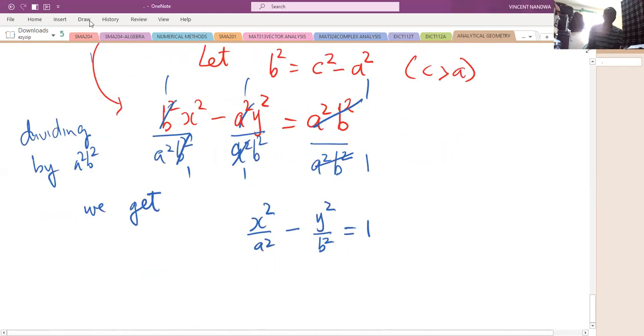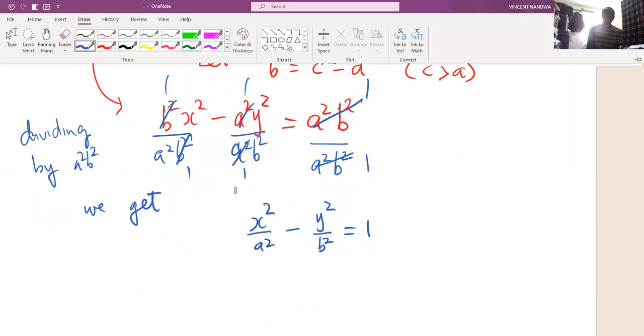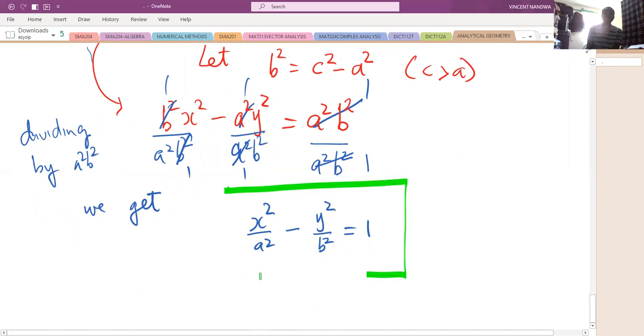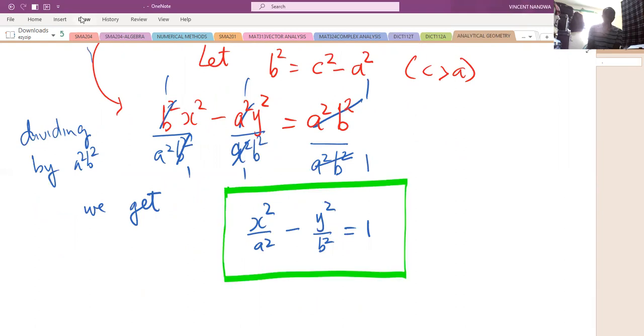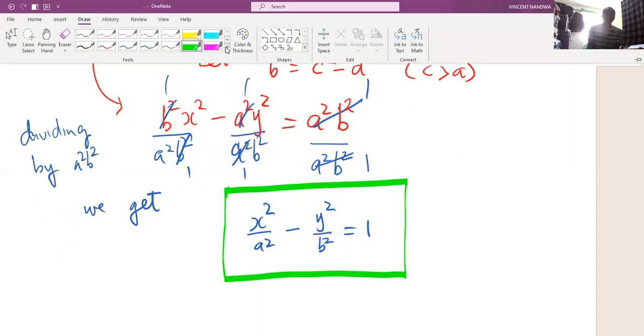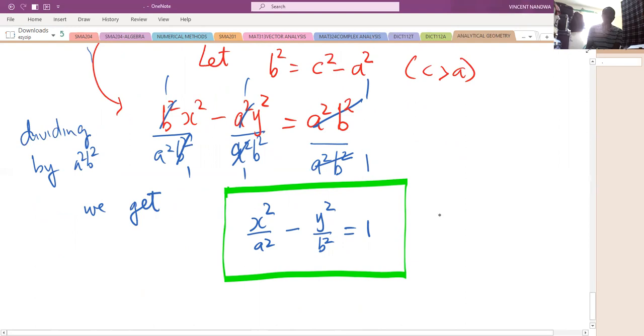So this is the equation of a hyperbola whose transverse axis is the x-axis, with b squared being the same as c squared minus a squared, and c is greater than a.